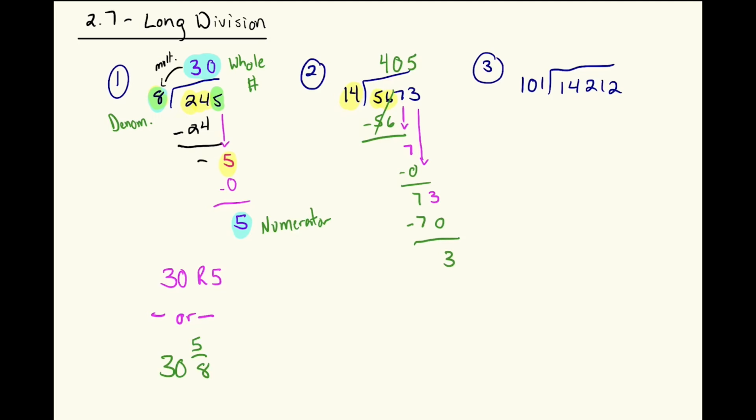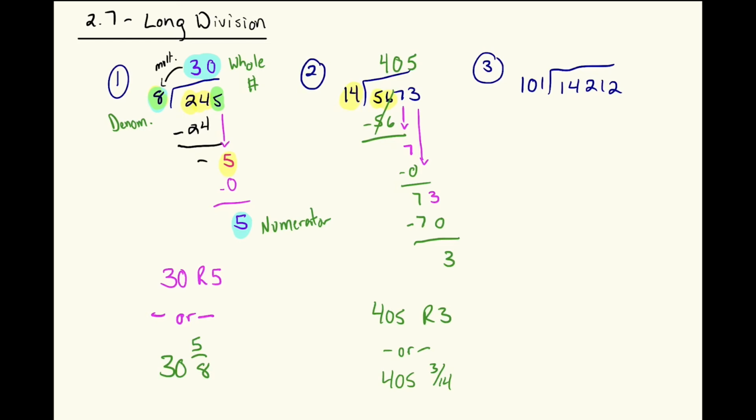And now we have our answers, right? We could either say it's 405 with a remainder of 3, or you could call it 405 and 3/14. Either way is acceptable. But notice that we basically did the same pattern each time. Also notice that when we got to the 7, we didn't just drop the 3 down straight away.